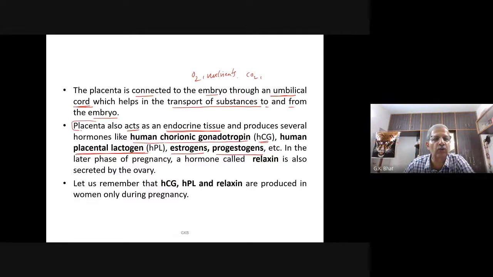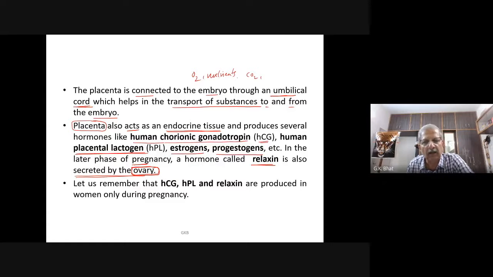Always ask the question: which are all the hormones produced by the placenta? In the later phase of pregnancy, a hormone called relaxin is also secreted by the ovary. A question was asked on this particular aspect in the recently concluded NEET exam.